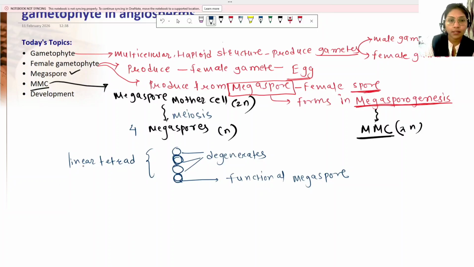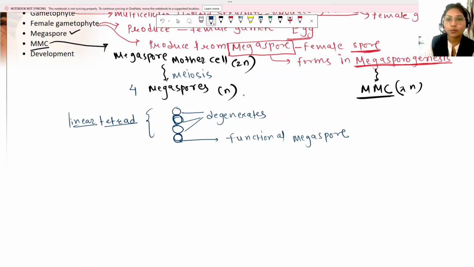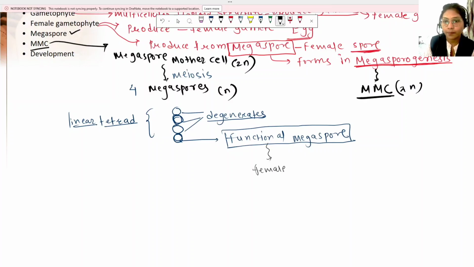From these 4 megaspores, 3 will degenerate and 1 will become the functional megaspore. Now this functional megaspore will form female gametophyte.